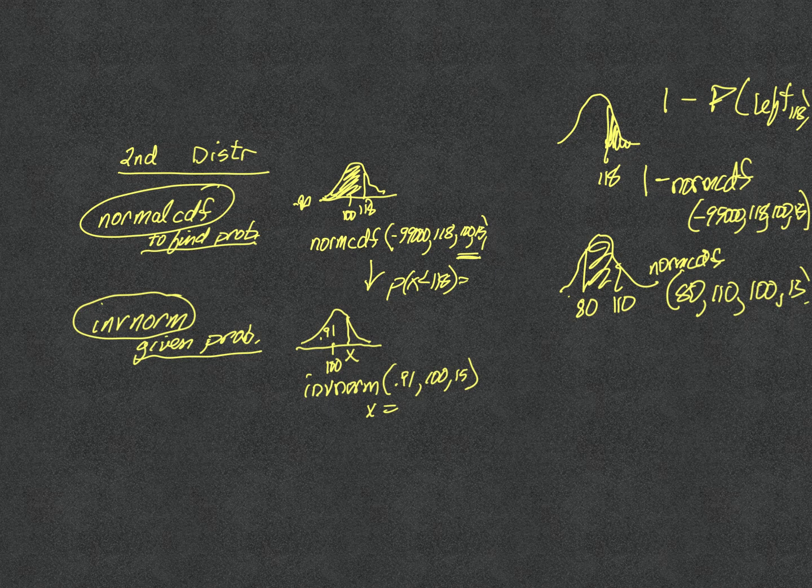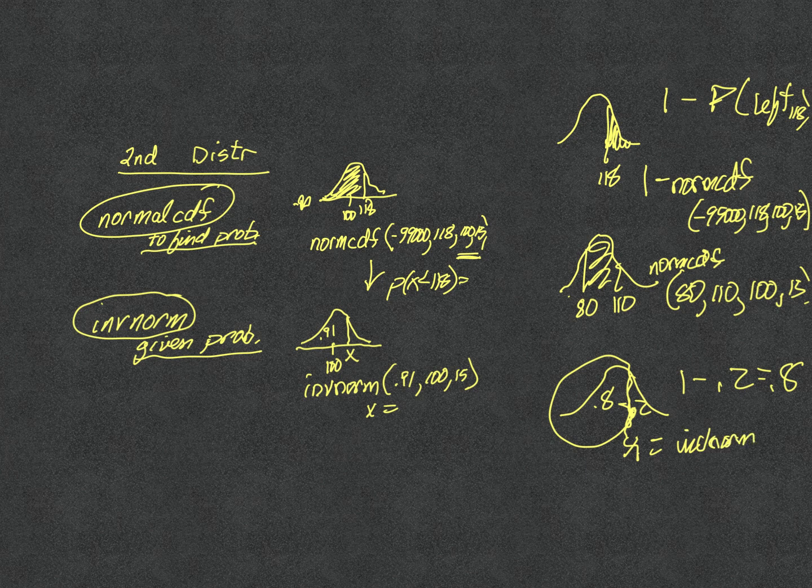You have to think, oh, if I'm doing it to the right and I know the probability is 0.2 here, then 1 minus 0.2 equals 0.8. So I know it's 0.8. My calculator only does probability on the left side. So I can find x by doing inverse normal of 0.8 and then putting the mean and standard deviation of whatever that problem is.